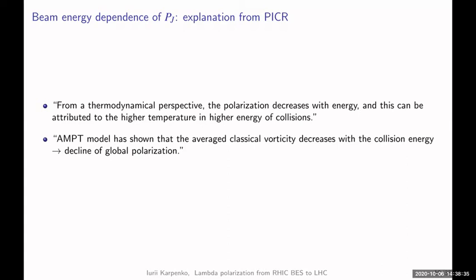The other point which explains the energy dependence of polarization is actually taken from AMPT calculation. The argument drawn in this PCR paper is that if you run the AMPT model, then one can show that the classical vorticity decreases with energy, and that leads to the decline of polarization. Though to me it sounds more like an explanation not from the hydrodynamic model itself, but from some other model.